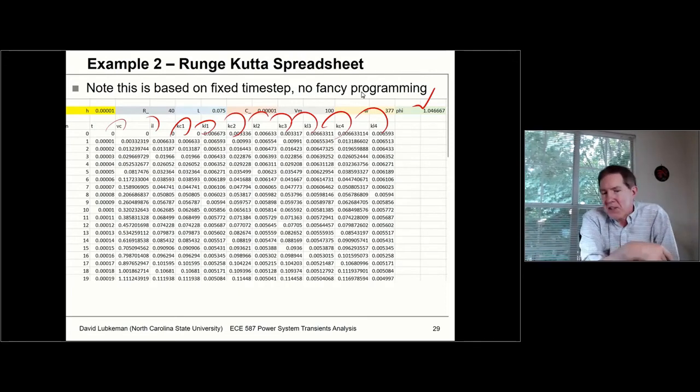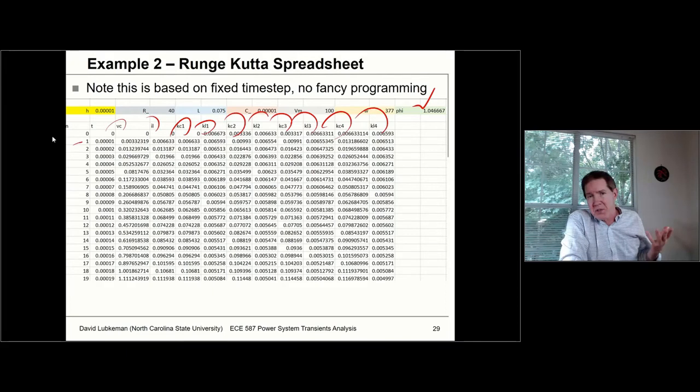The reason I did this is I wanted to show people that you can do this stuff in spreadsheets as well. This is not a variable time step algorithm the way I have it set up. It's a fixed time step, just because that's easier to code up in something like Excel. But these numerical techniques don't have to be in Matlab; you can code them up in Excel.